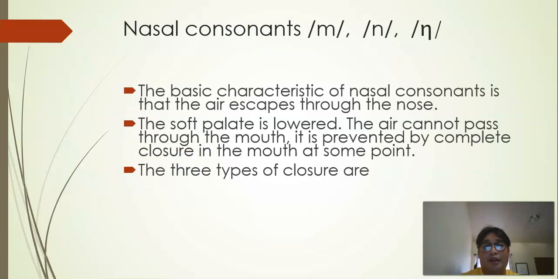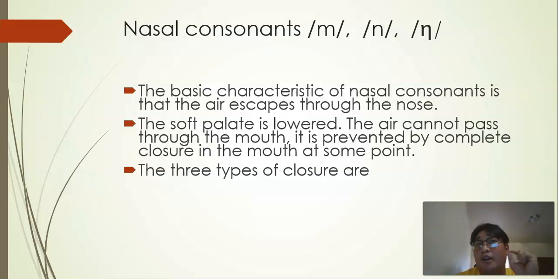Now, the basic characteristics of nasal consonants are that the air escapes through your nose, as you saw earlier. How this works is that the soft palate is lowered and the air cannot pass through the mouth. So it's making a seal, a closure, so that air cannot escape. Like it says here, prevented by complete closure in the mouth at some point, so not at all points.